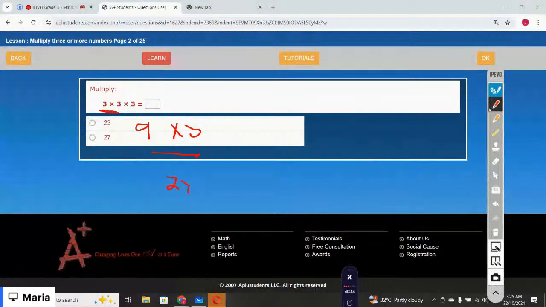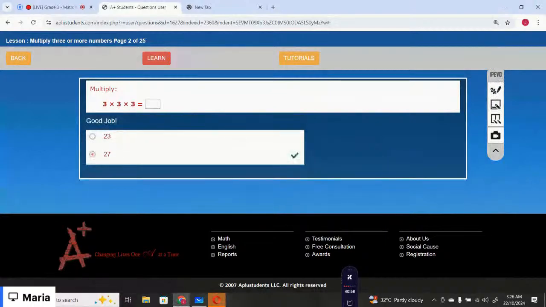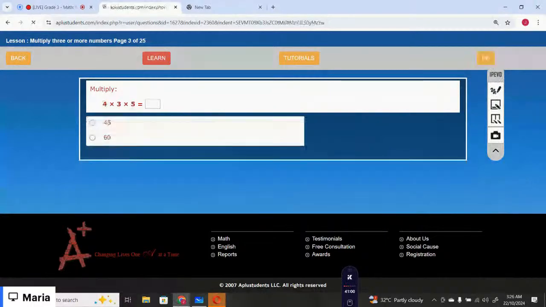So the correct option is 27. The correct option is 27. Option number 2 is the correct option. 9, and you have to multiply 9 with a third number, right? So then 9 times 3 is 27. The correct option is 27.